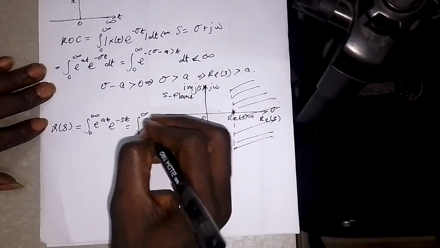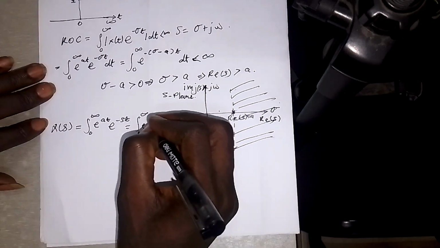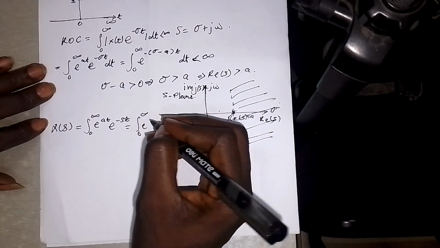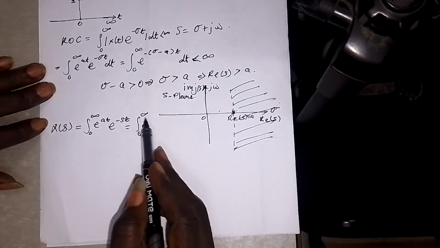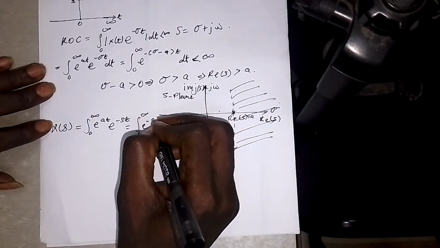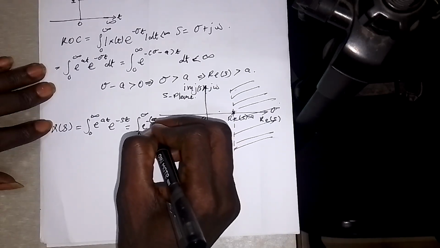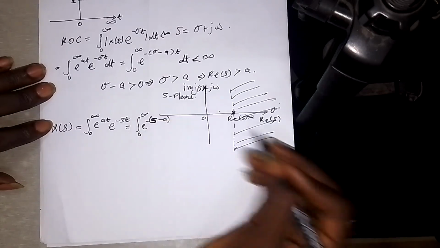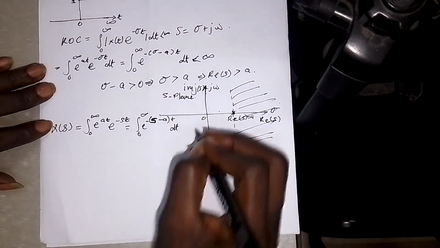It's actually equal to the integral from 0 to infinity of e to the power of minus s minus a times t. I can just bring this minus out. If I bring minus out, I can have s minus a into t, dt.